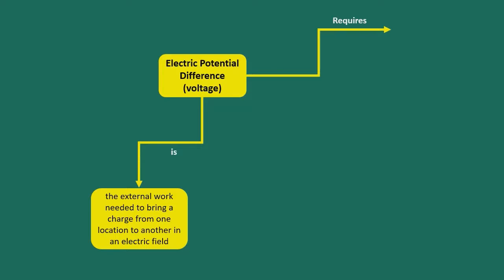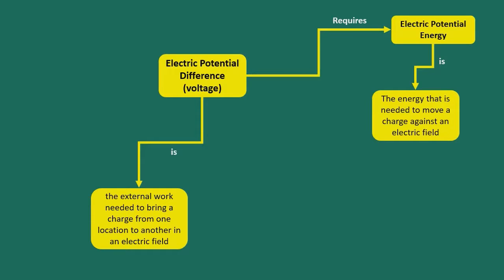And so, this voltage will require what we call an electric potential energy. And what is this energy all about? This is actually the energy that is needed to move that charge in that electric field or against that electric field.